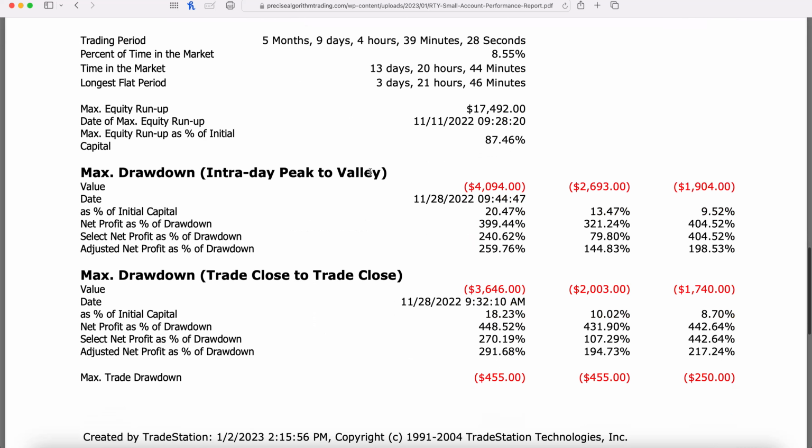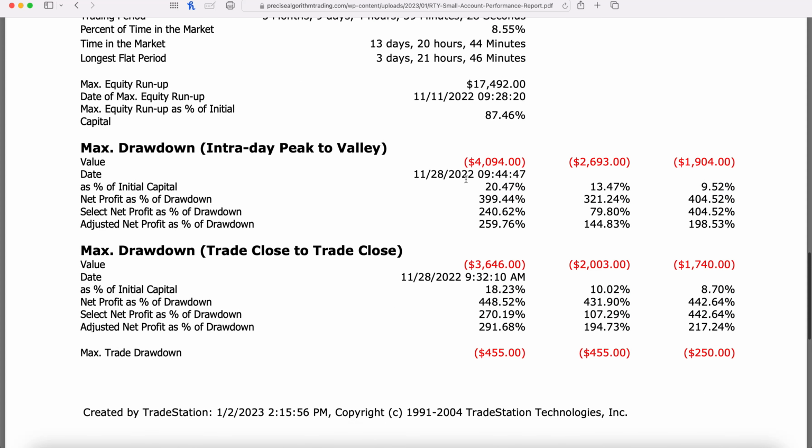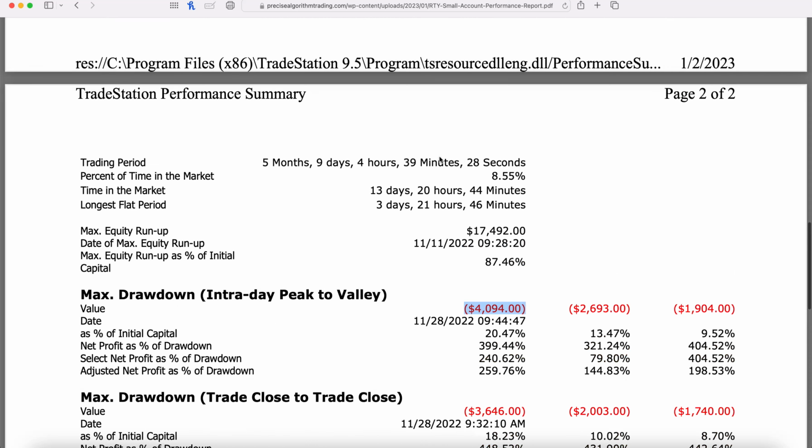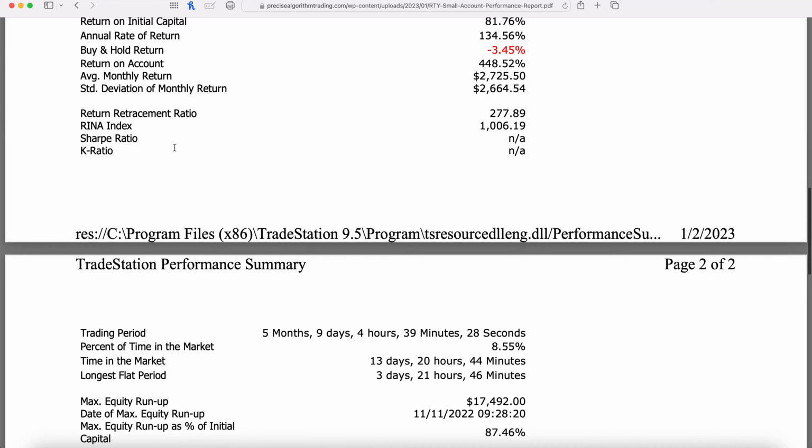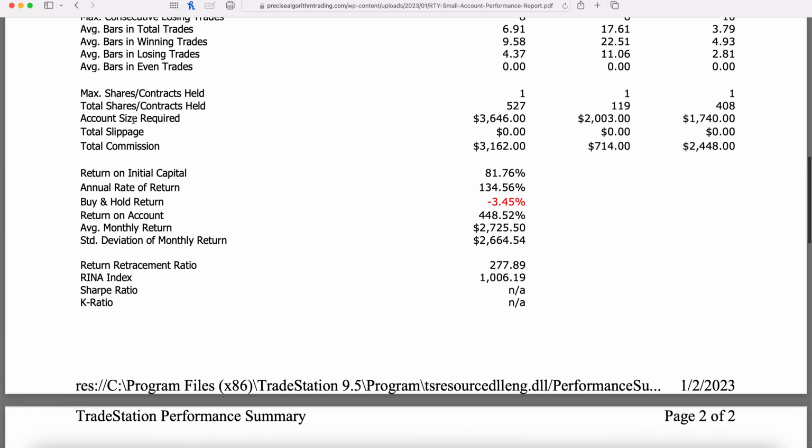and you have to be able to handle a max drawdown, actually more than this number. I think they actually tell you in TradeStation, they say like account size required. There it is, this number here. Well, we don't agree with that here at all.